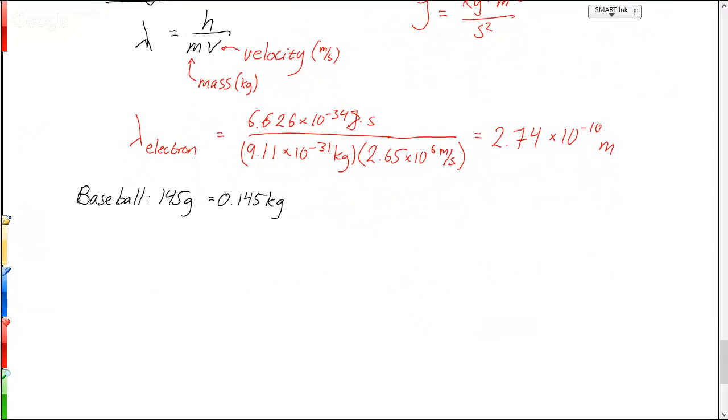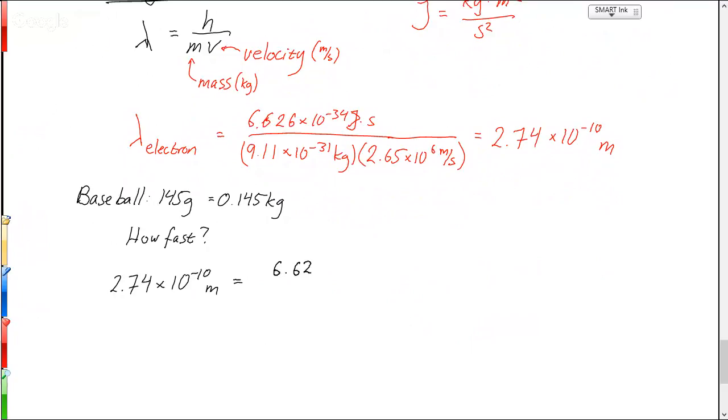So our wavelength is about like an electron, because we know electrons behave like waves when they go fast. So how fast would a baseball have to travel to also be acting like a wave like this?